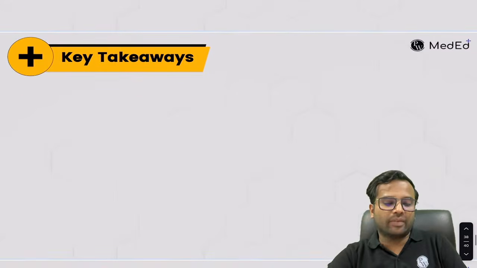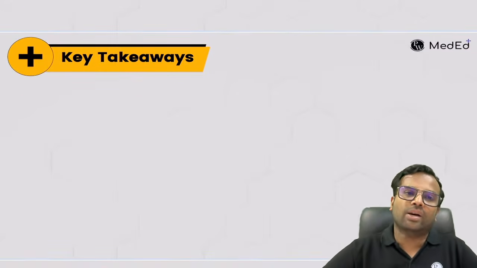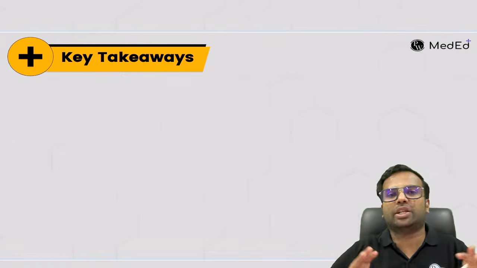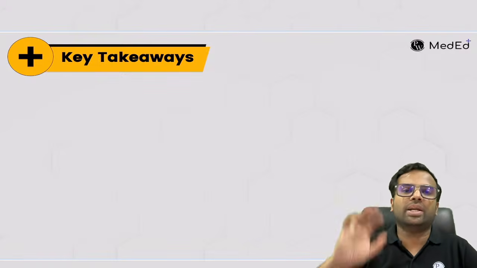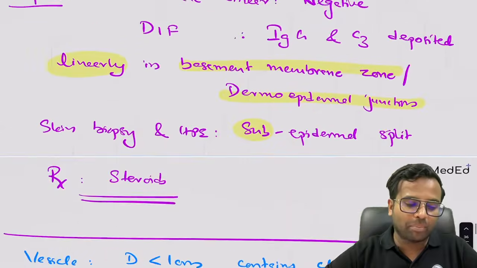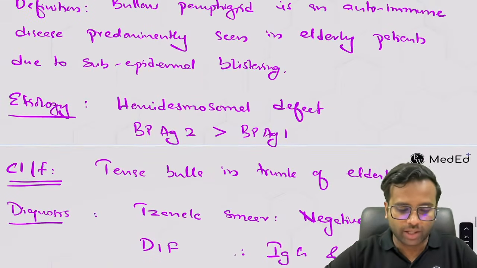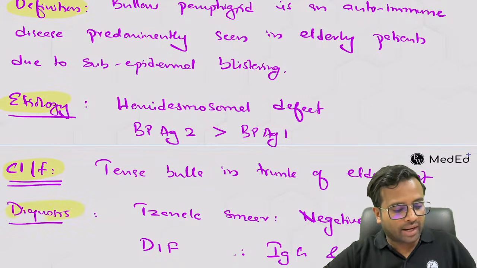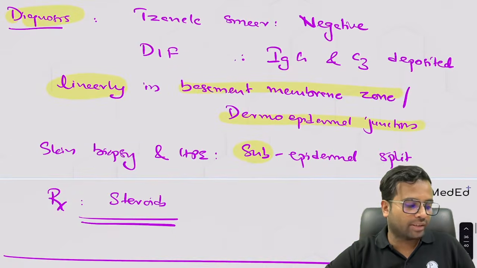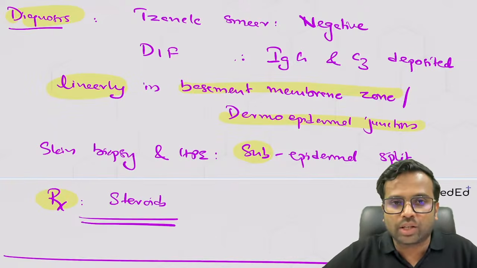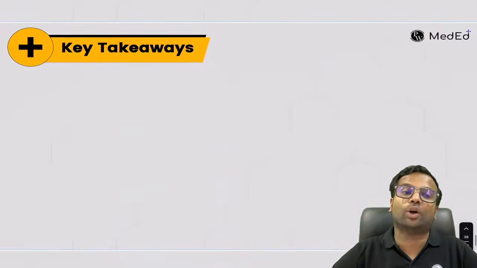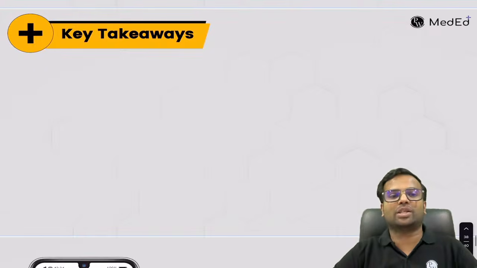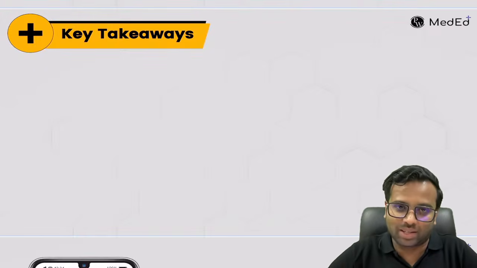So the key takeaway of today's session is, whatever question you may get, be it a short answer or a long answer, please try to follow the same methodology we have discussed today: the definition, the etiology, the clinical features, the diagnosis, and then the management. Whenever you go in such an orderly fashion, the examiner is bound to give you marks, right?